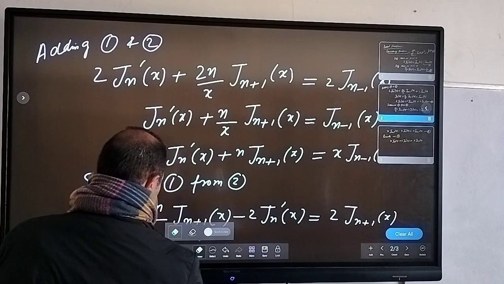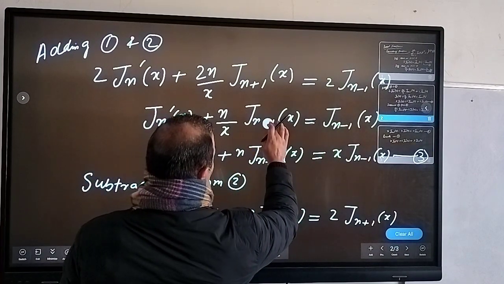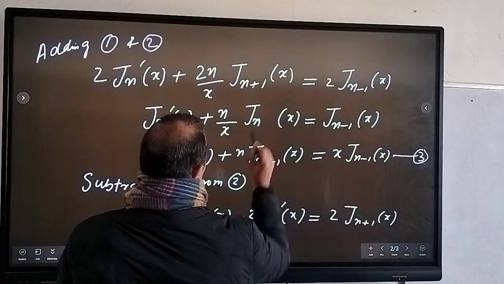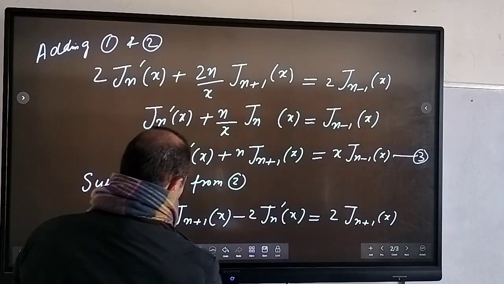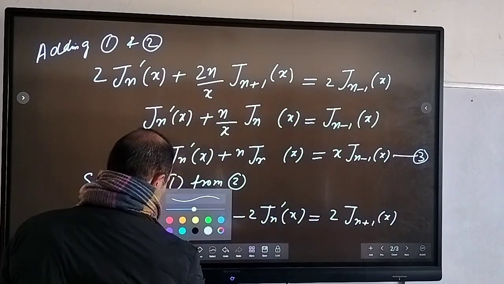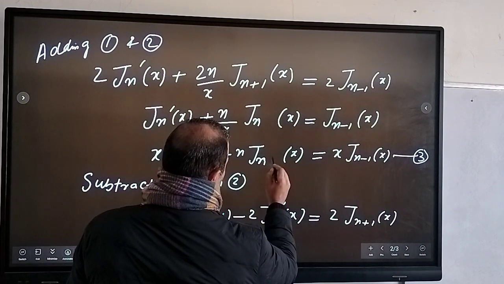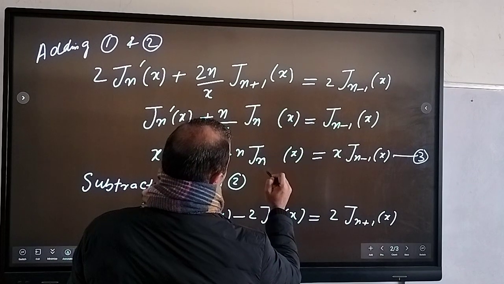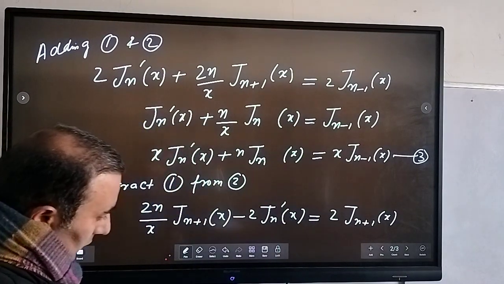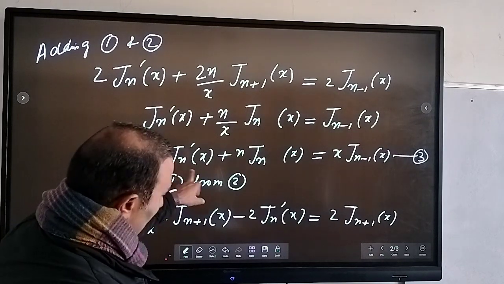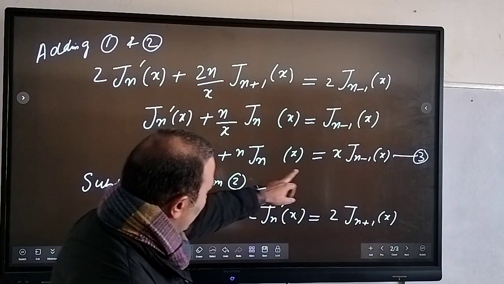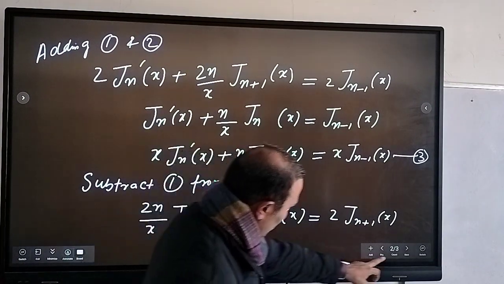So this is this thing, or you can write here x jn of x, right? It's not n plus 1. So I'm getting n x jn of x plus n jn of x, that's equal to, okay, that's correct.